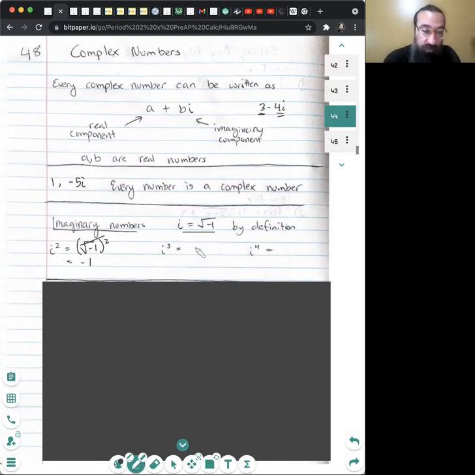All right, welcome back. So I'm going to think about i cubed as i squared times i, because that's the same as i cubed, right? 2 plus 1 is 3. And we know what both of those are. We know that i squared is negative 1. We just figured that out. And we know that i is the square root of negative 1.